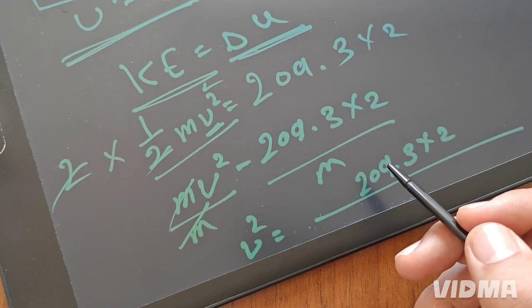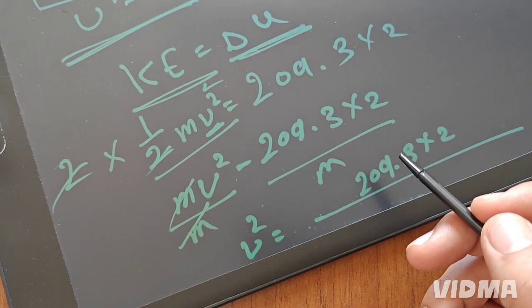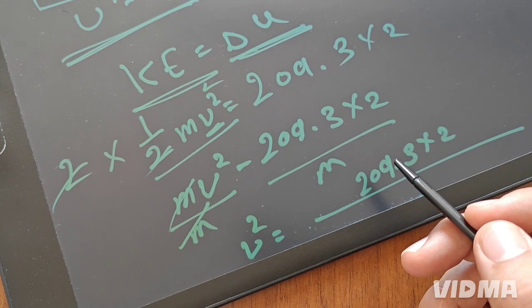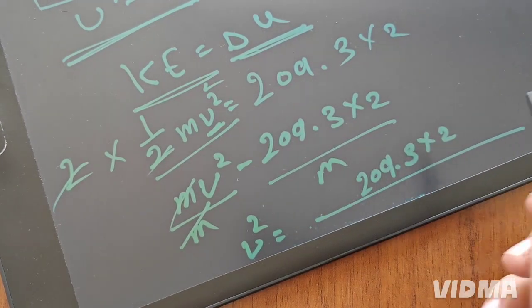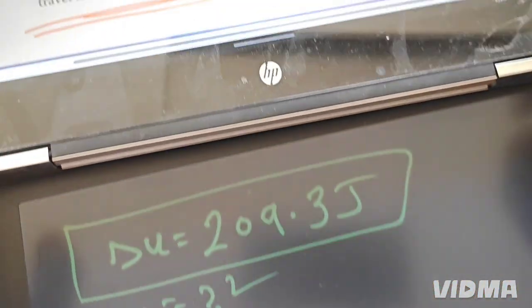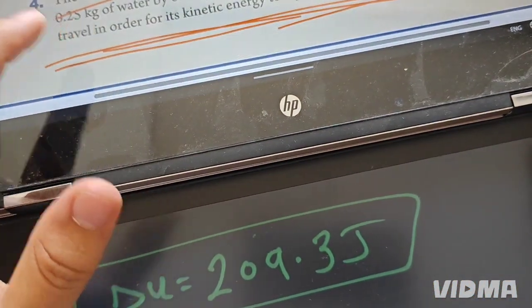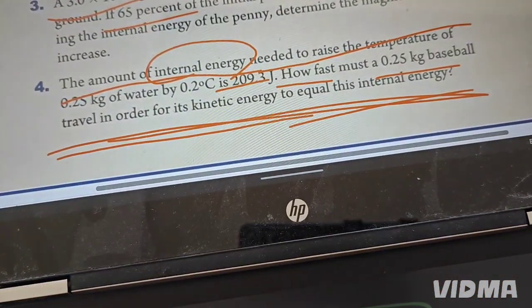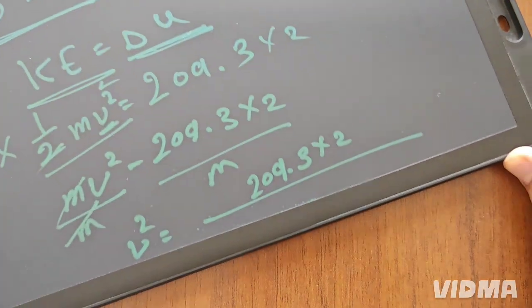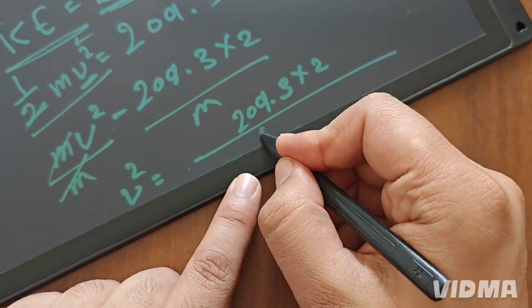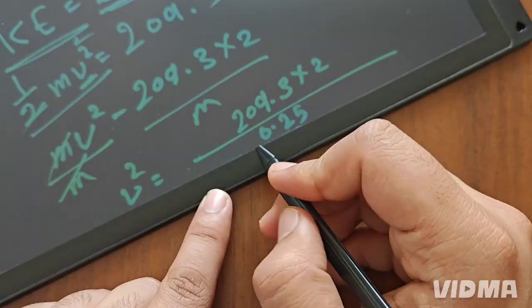And here we have to write down the mass. But which mass again? Do not make a mistake. Actually, we have the same thing in both of them: the mass is 0.25. So the mass will still be 0.25.